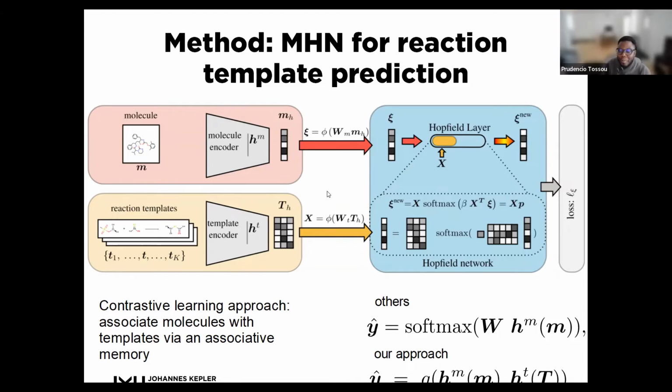Not really, right? You also asked if that impairs the performance. So let's say this way: if you have one molecule that can be used by two templates that are very, very different, I think that's when the problem arises, right? So you have one molecule and two templates that would work equally well, but they are very different in terms of structure.